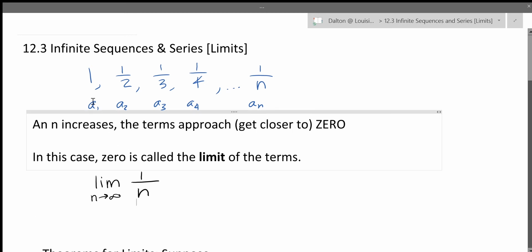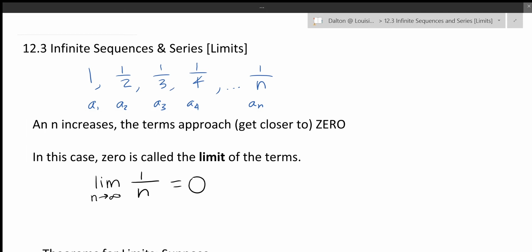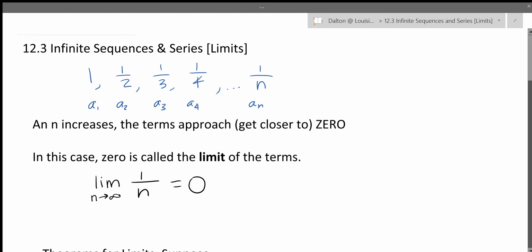And again, it starts with the first term, second term, third term, goes all the way up to infinity, equals 0. So if that sequence of numbers increases, I'm going to approach 0. I will never get to 0, I'm just going to approach it. These numbers are going to keep getting smaller and smaller.